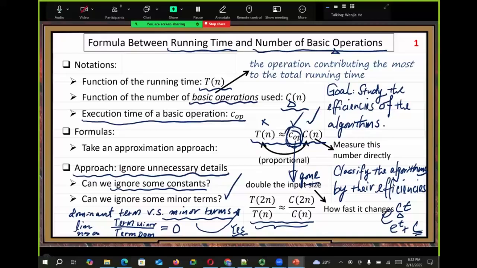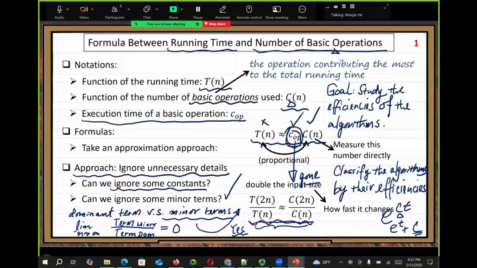We cancel the C op constant. No matter whether its specific value is large or small, we have this equal ratio formula, approximately equal.